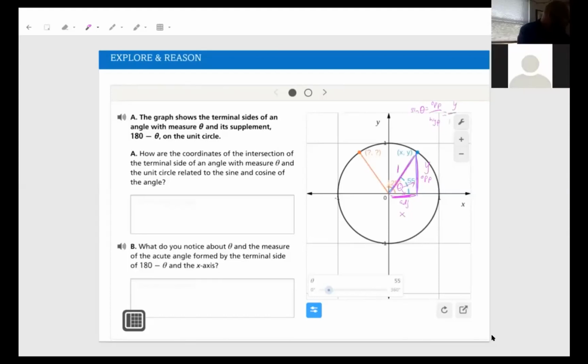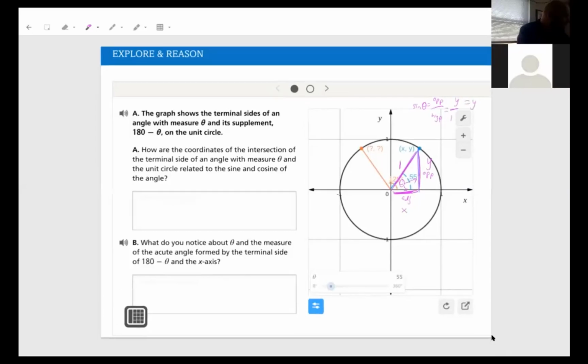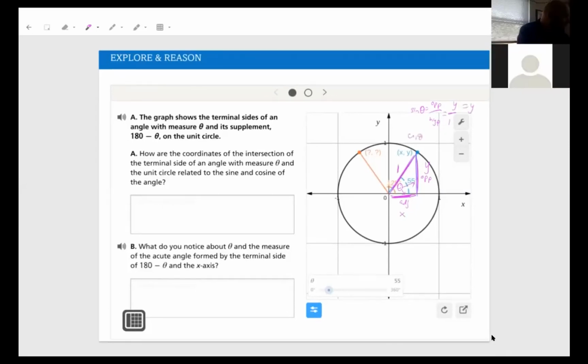So y divided by 1 is just y. And similarly, the cosine of our angle is the adjacent side over the hypotenuse, and our adjacent side is x over the hypotenuse, and that's just going to be x. So that relationship sets us up really well to answer part A of our question.